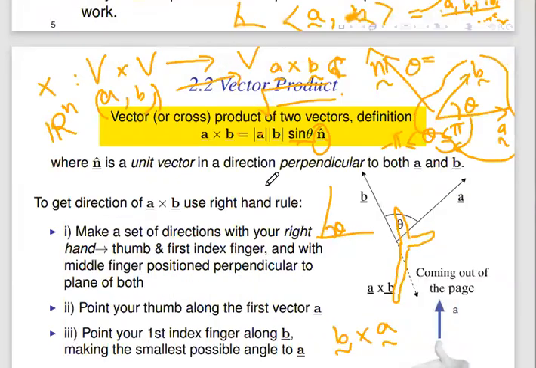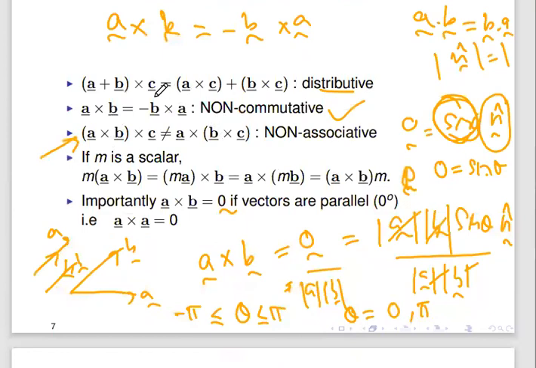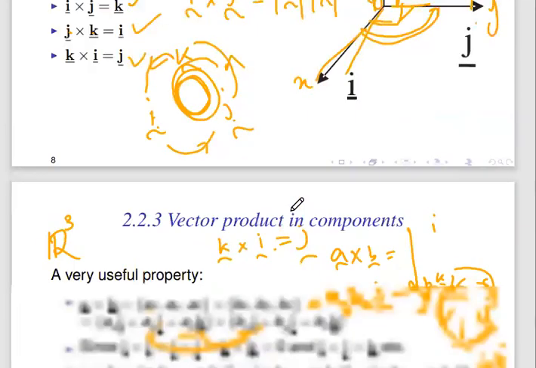We also talked about the vector product, whose result is a vector. Make sure that it does not hold the commutative property, and it is not distributive in the same way.